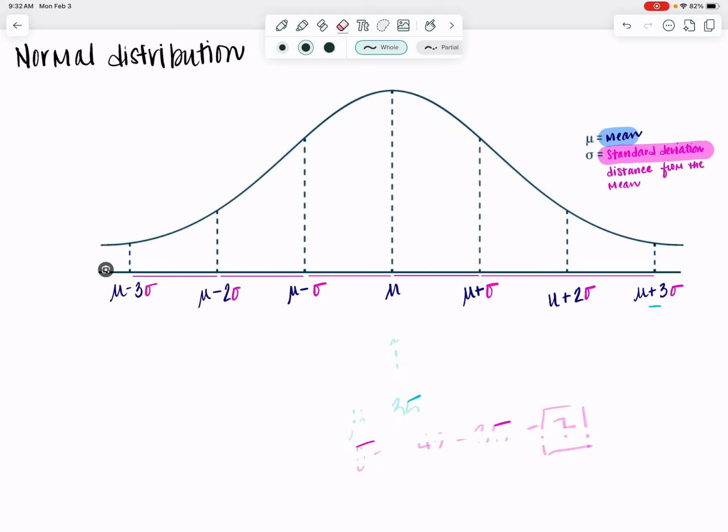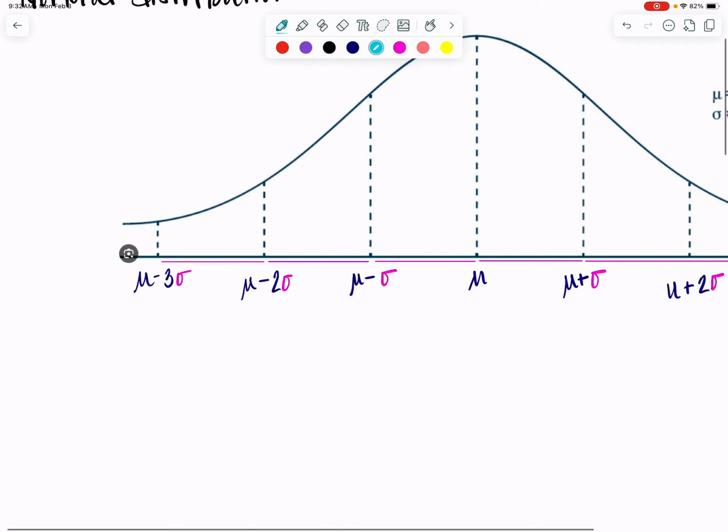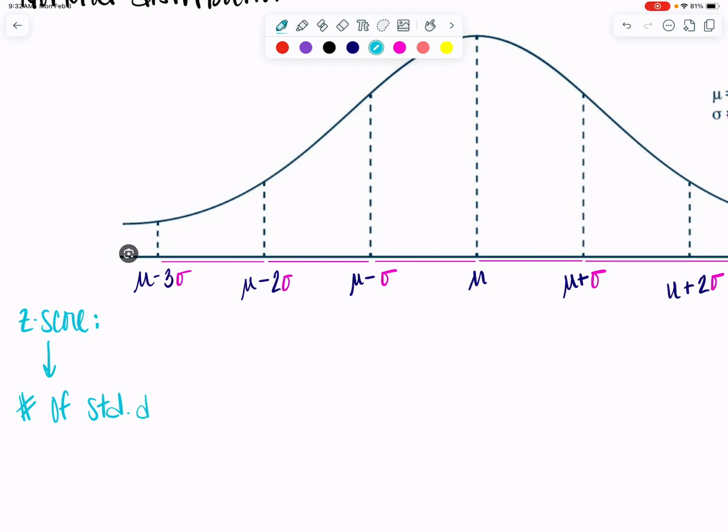We introduced this idea of z-scores to make this easier to label. The z-score is the number of standard deviations away from the mean.